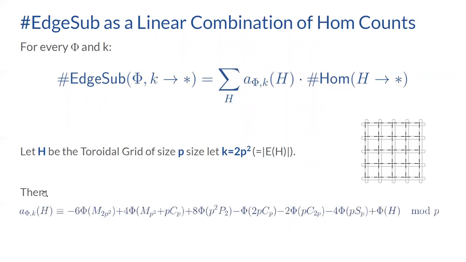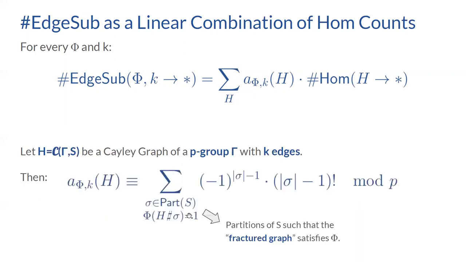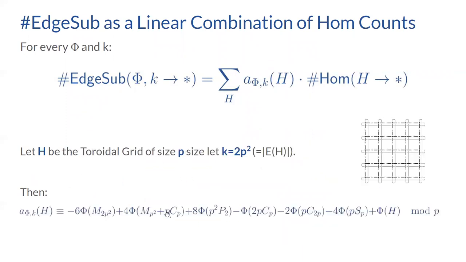Then the coefficient of the toroidal grid is just this sum. And you get this if you just evaluate this sum, and you end up with this. Okay, and you see those correspond to the fractured graphs. So the M_{2p^2}, for example, corresponds to the matching of size 2p squared.